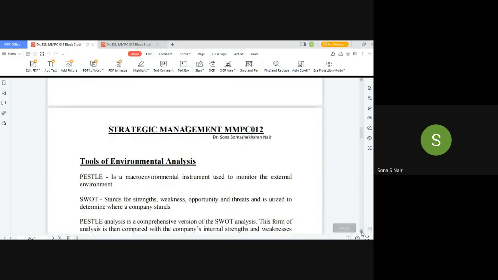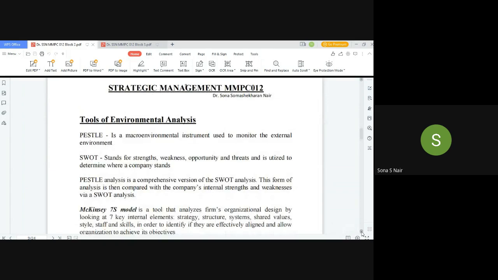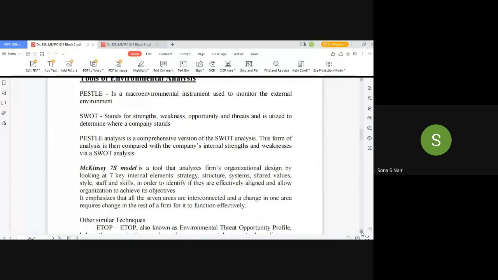We also looked at tools of environmental analysis, which we discussed in detail. There is the PESTLE analysis, which is a macro environmental instrument. SWOT is a tool which helps us analyze our own strengths and weaknesses in the light of the opportunities and threats which exist.